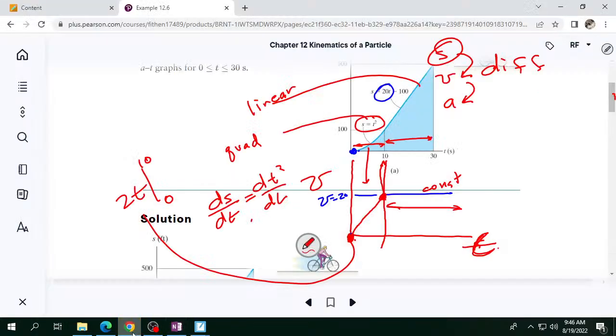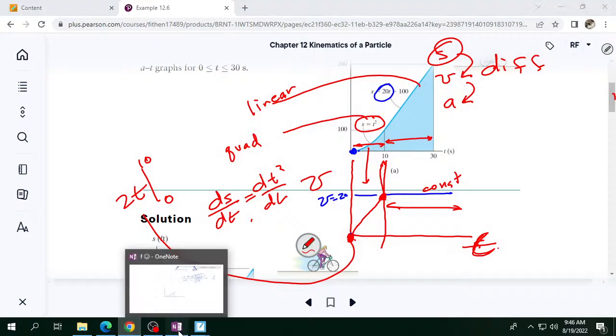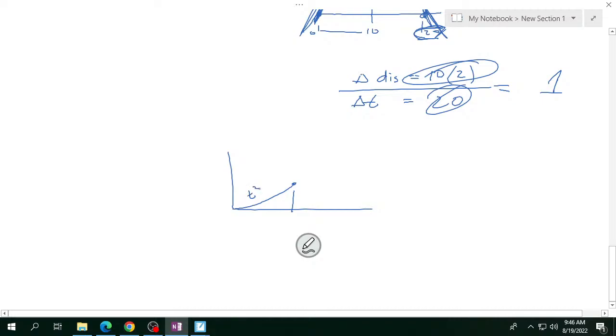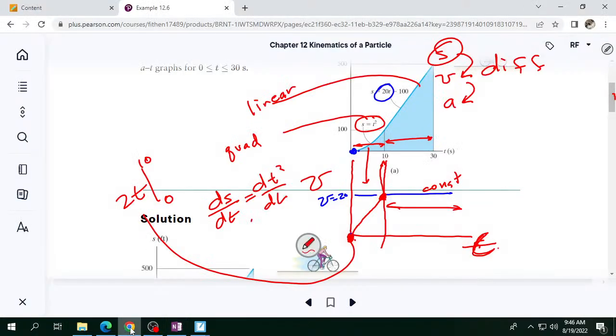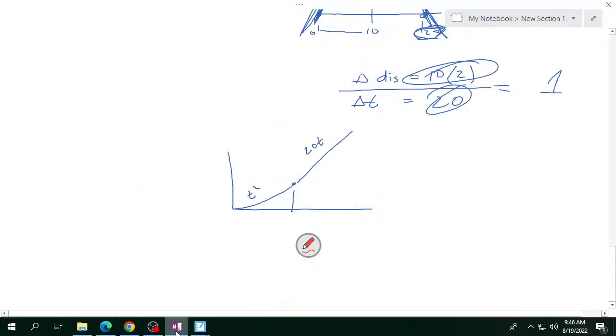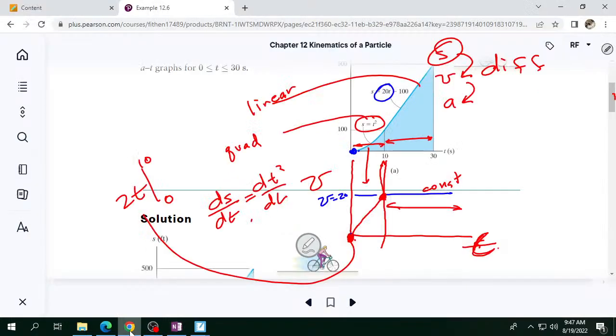So his was t squared, and then he had a thing where it was 20t, okay, 20t minus 100. But, and this is, hang on, 10.